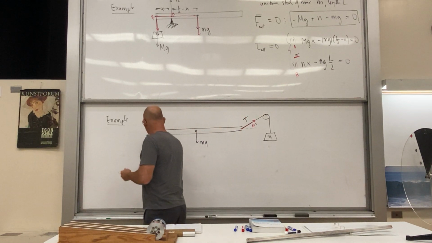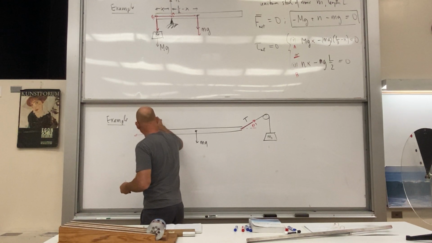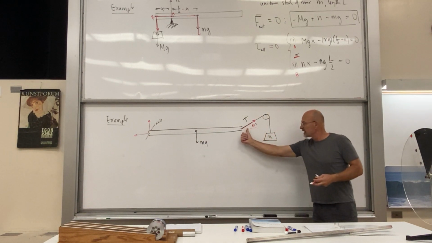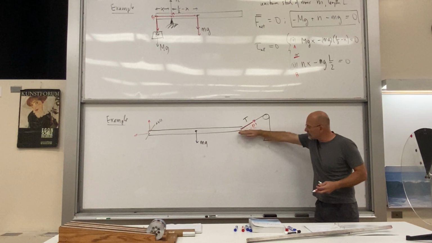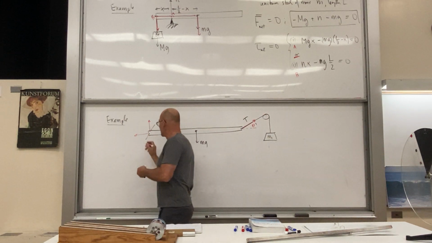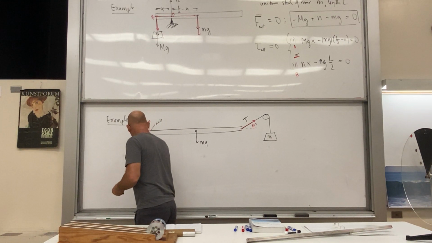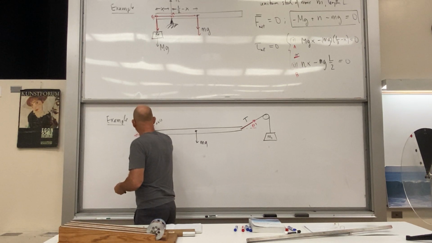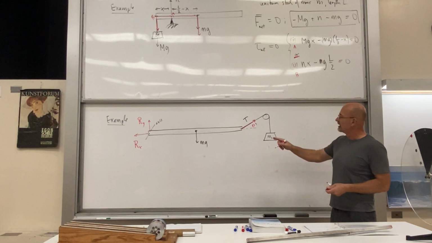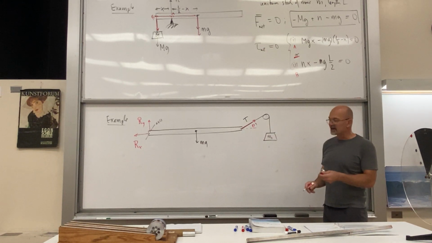So the pin provides a horizontal force and a vertical force, because this force to the right, this vector here, has a horizontal component, and that's going to be opposed by this one. So I call this R sub x, and this R sub y, the reaction force, the force from the pin, which has two components. Then mg, the weight of the stick, and then this tension. So that's the full set of forces.